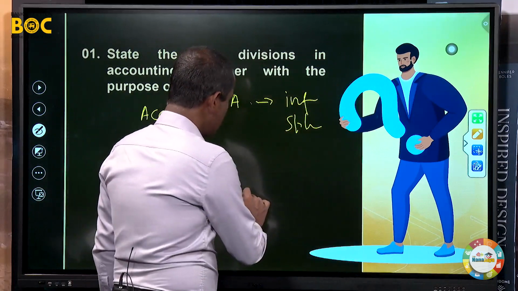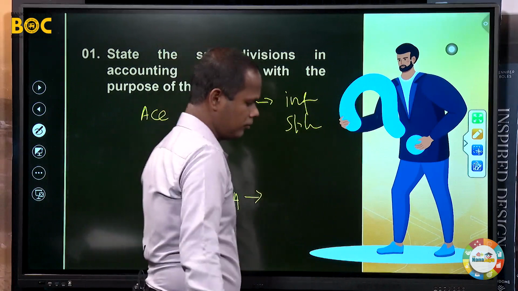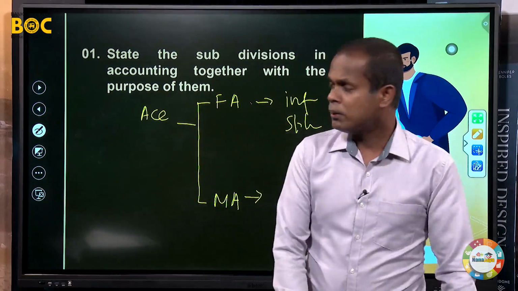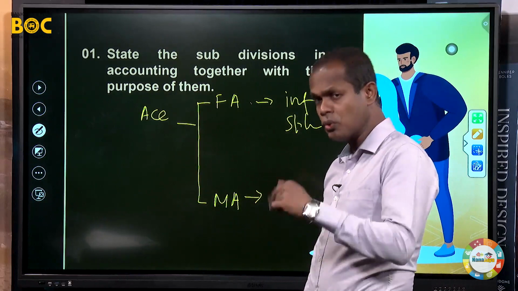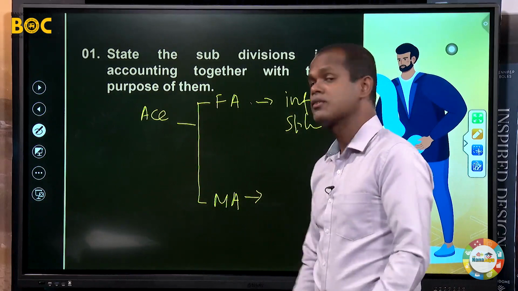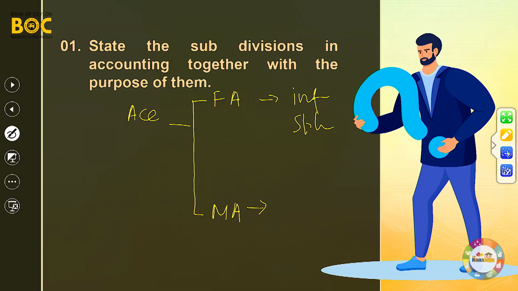Right. Then the management accounting. The purpose of management accounting is to provide information to whom? For the managers, for what? Decision making. Here you specify the managers for decision making.